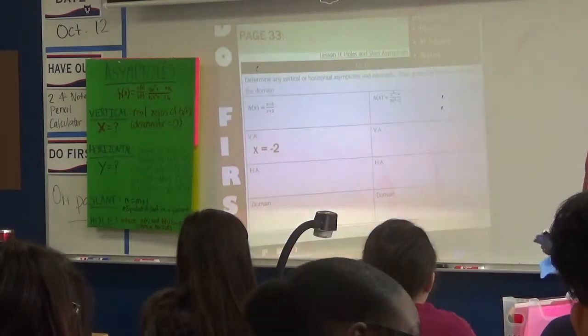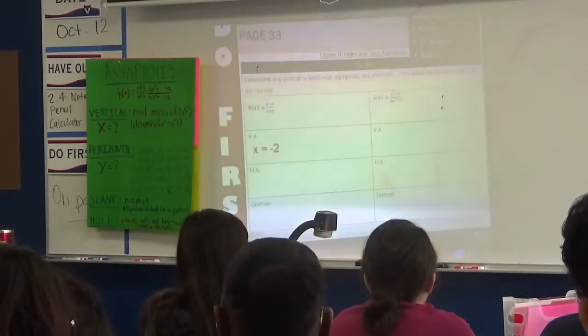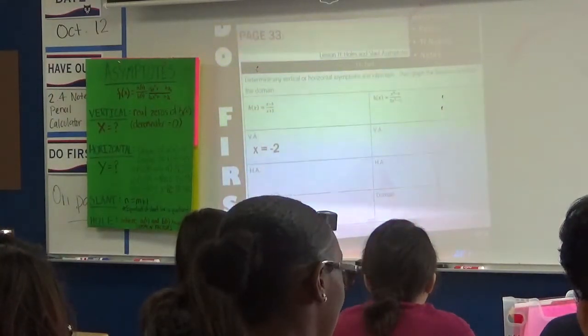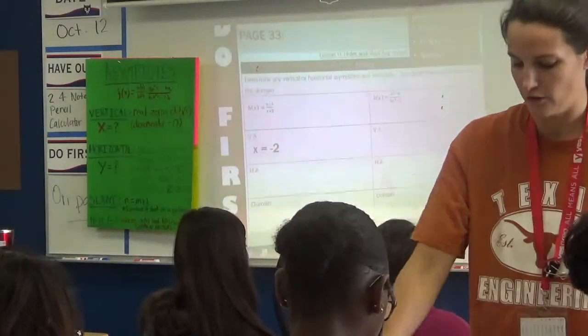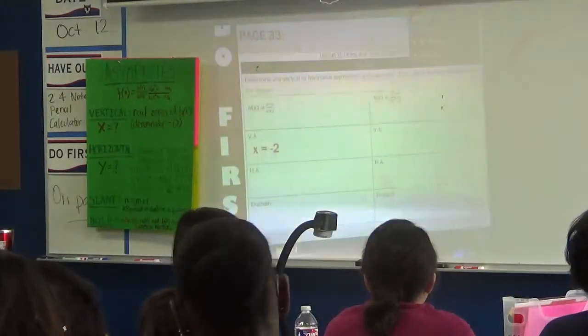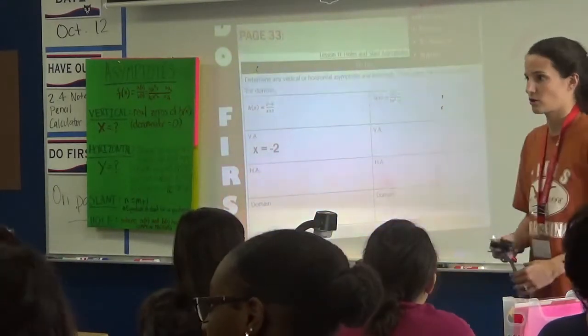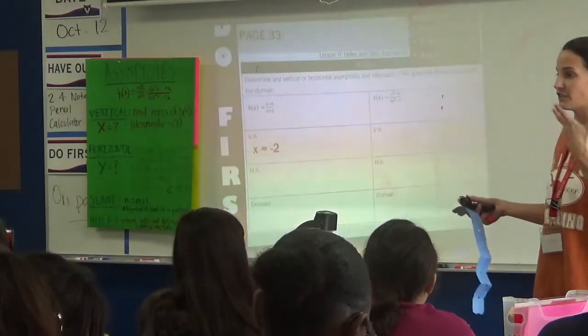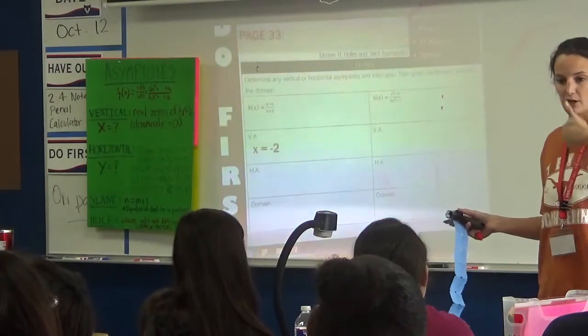Okay? Now let's talk horizontal. If we're in the land of horizontal, what are we checking for our horizontal asymptotes? Christina? Pretty much, yeah. If the exponents are the same, or if they're not the same, whether it's bigger on the bottom or bigger on the top.